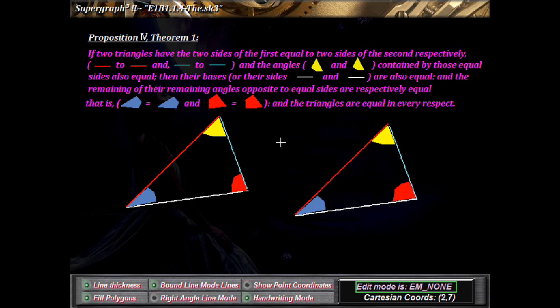That's difficult to say. I think even in what I would call regular English, this is a very simple idea, but what it is meaning to say is that there are two sides in particular of the first, and respectively, that is in the same order, those sides are equal to the corresponding sides in the second triangle.